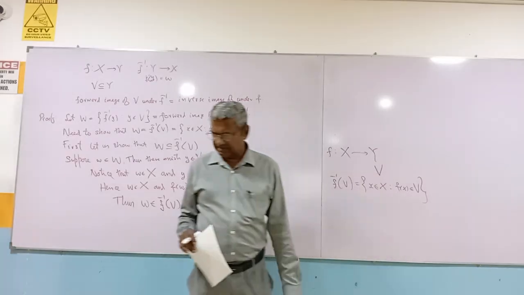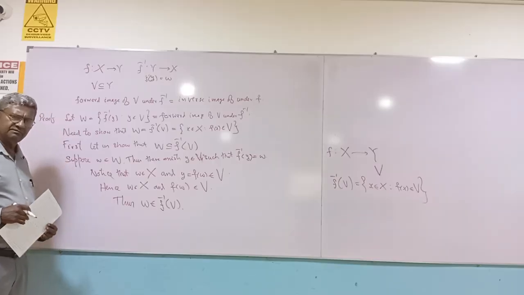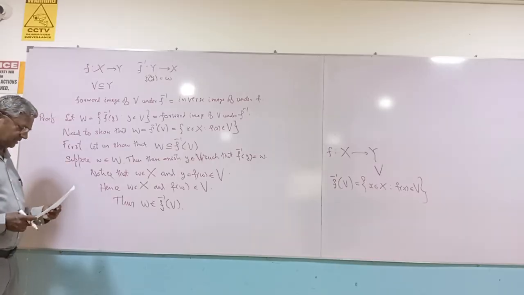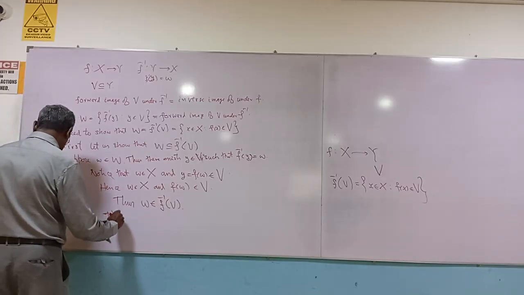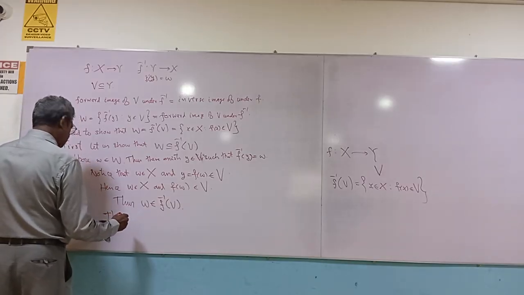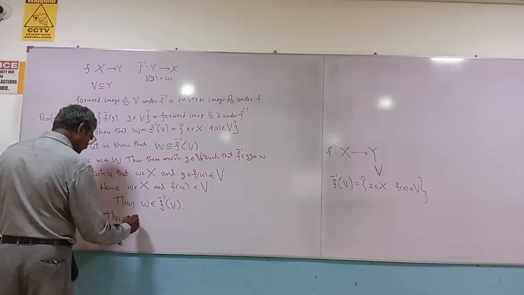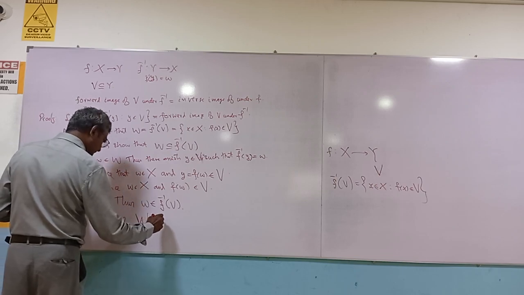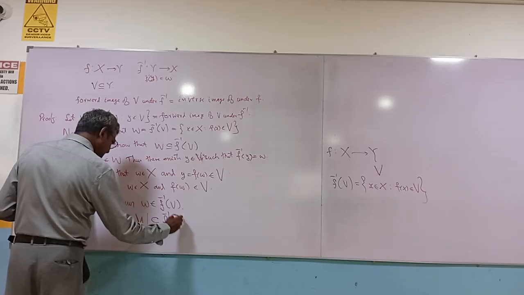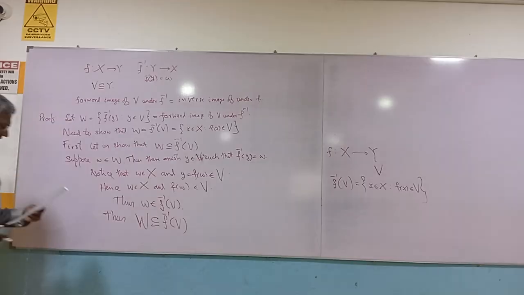That is the definition. Any doubt anywhere? Okay. So, hence, I can say W belongs to F inverse V. So this capital W is a subset of F inverse V. Right? W is a subset of F inverse V.